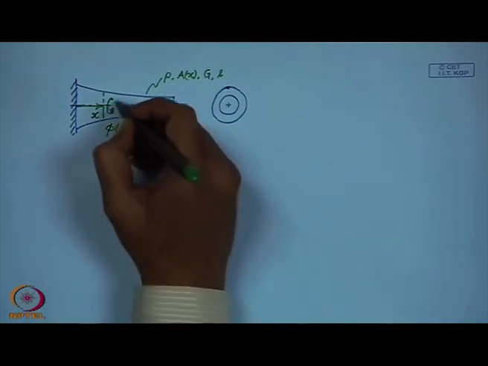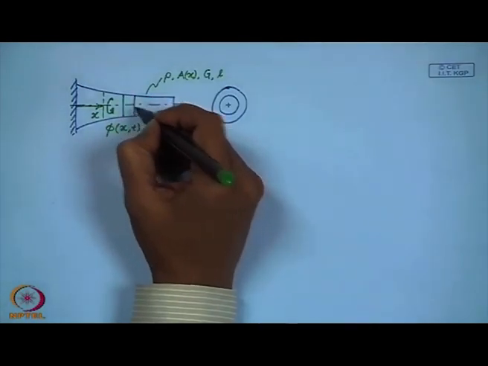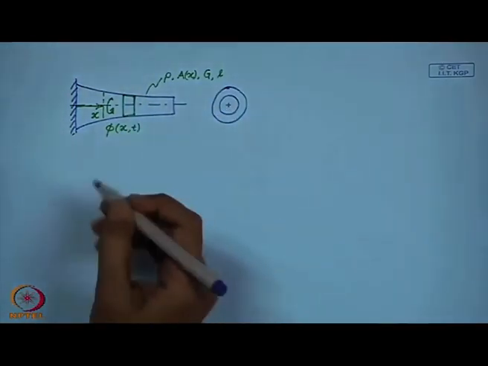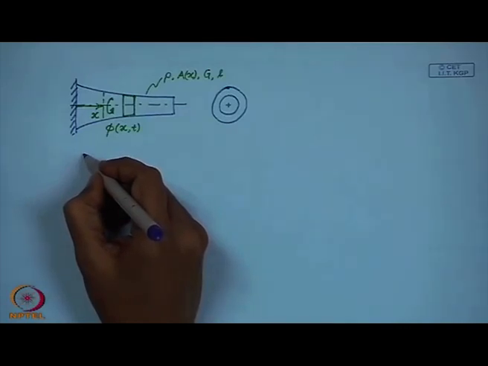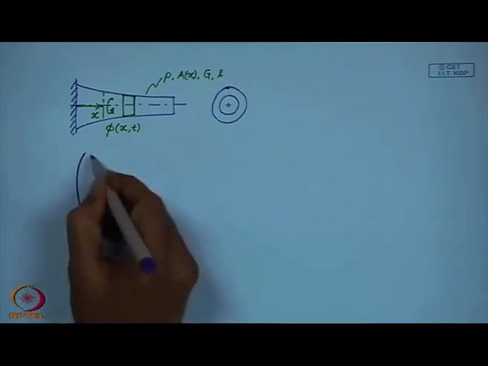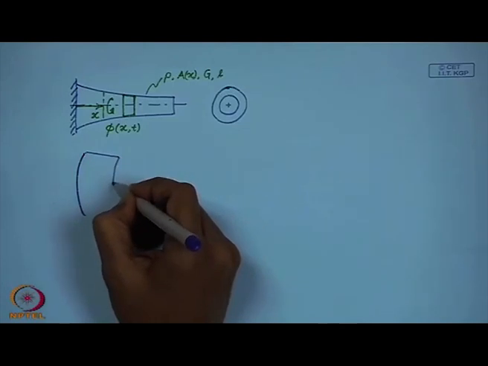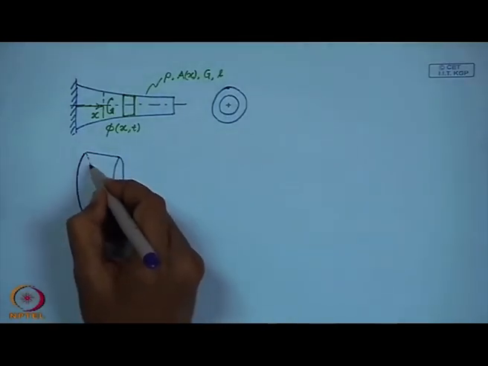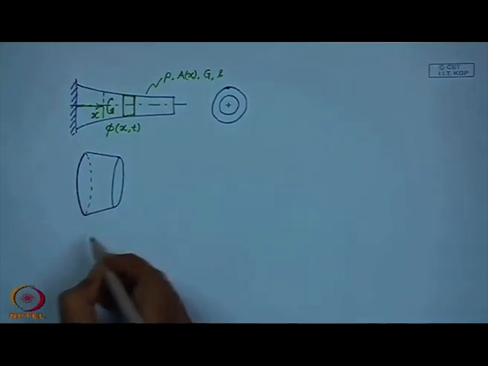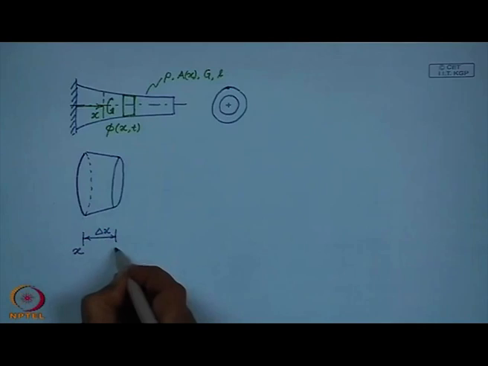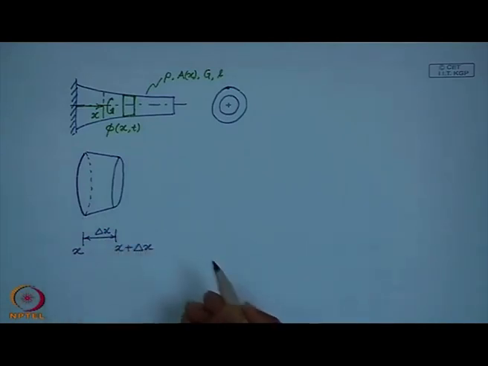So, we are going to consider a small portion of this bar between the spatial coordinates x and x plus delta x.